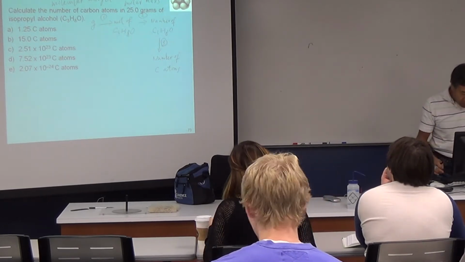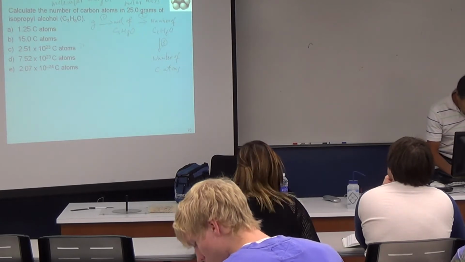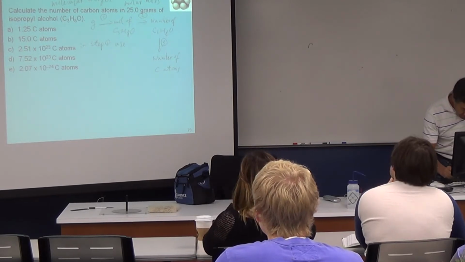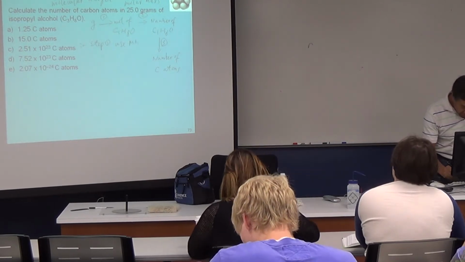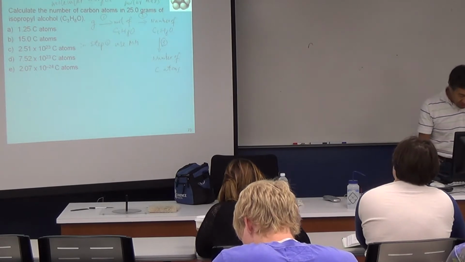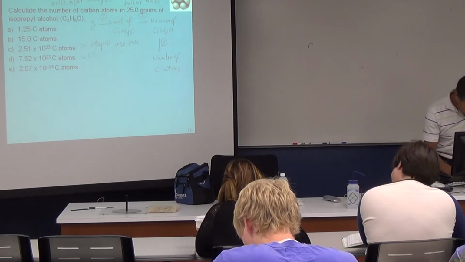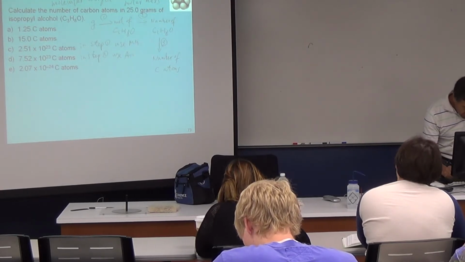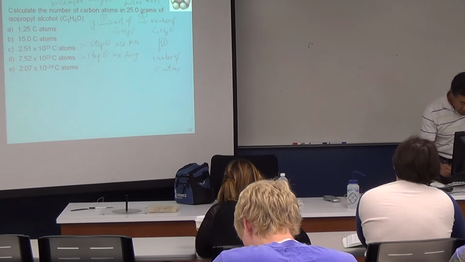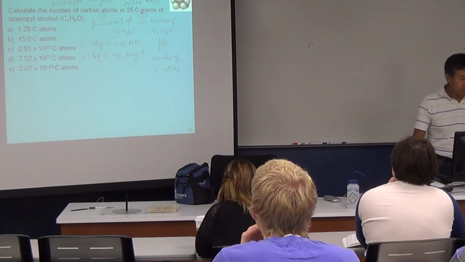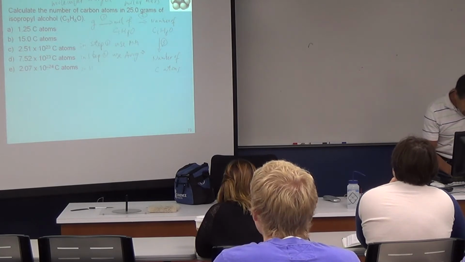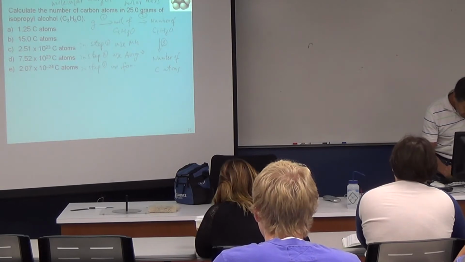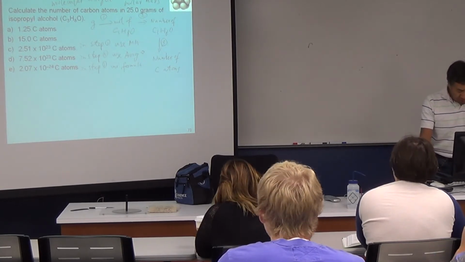Right. So in step 1, you use the molar mass, which you abbreviate as mm. And then in step 2, you use the Avogadro number. Then in step 3, you use the formula as conversion ratios.